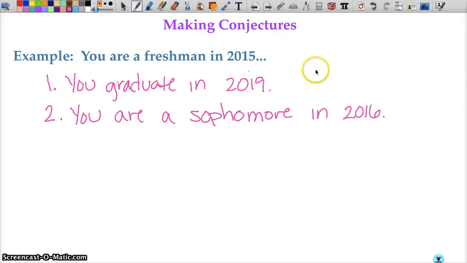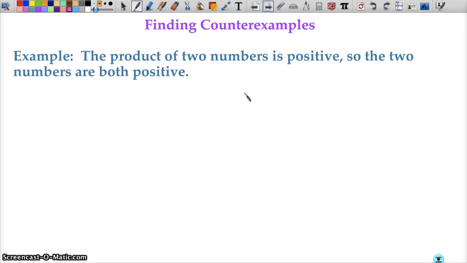So I'm just making a guess based on the information here. If you're a freshman in 2015, that could also mean that you are, I don't know, you could be 15 years old, you could be 14. So just making any kind of a guess. So then from there, what we do is we find counterexamples.